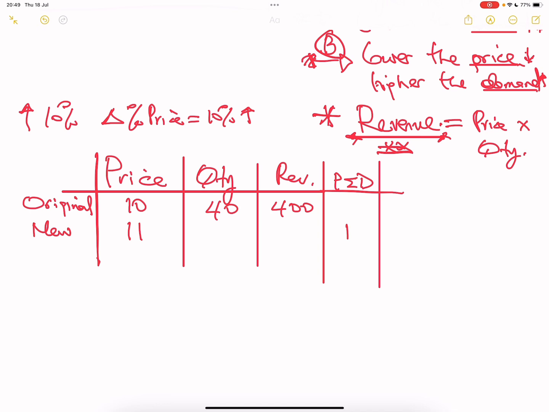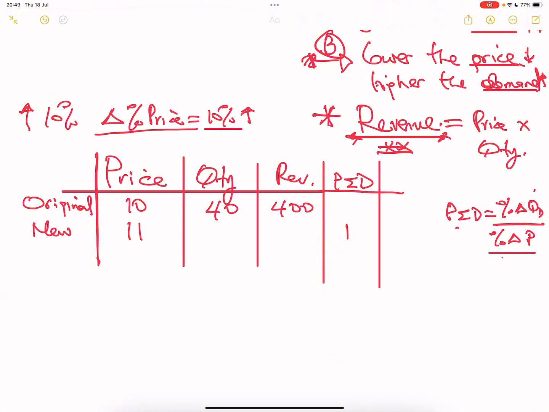In that case, what we are saying is that if percentage change in price is 10, then remember, price elasticity of demand is equal to percentage change in quantity demanded divided by percentage change in price. So if percentage change in price is 10, then for price elasticity of demand to be 1, percentage change in quantity demanded must also be 10%.